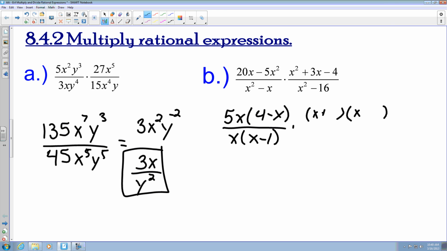And this will give me a plus 4, a minus 1, divided by, and this is the sum and difference pattern, which tells me that this could be written as x plus 4 divided by x minus 4. So I can cancel some things out. So I got the x minus 1, x minus 1, x plus 4, x plus 4, x and x.